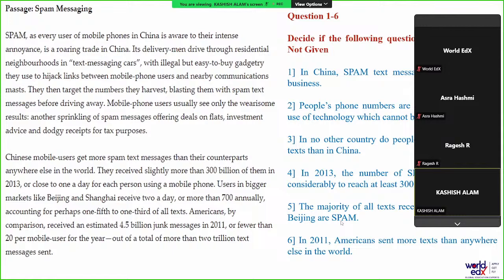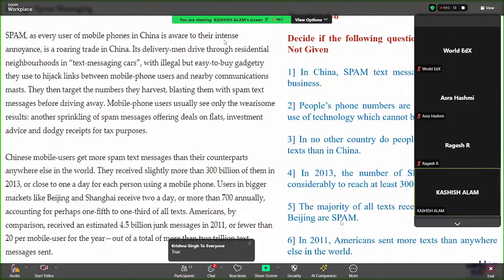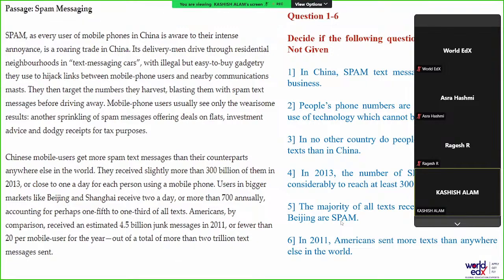In that case, let's solve together each and every question and try to understand what exactly is the thing and how we should approach. Now, as ma'am already told you, when do we mark something as true? When the given information exactly matches with the passage statement, although we need to be careful of the paraphrasing and the synonyms. When do we mark something as false?